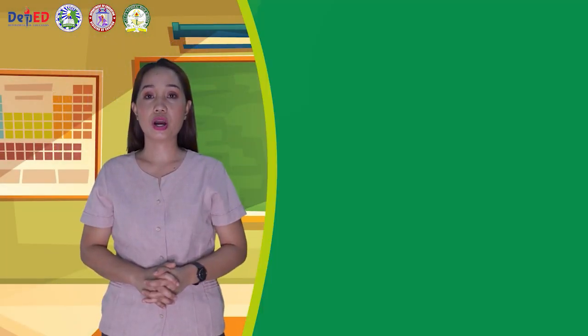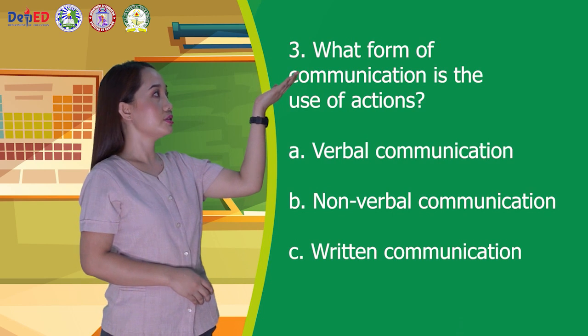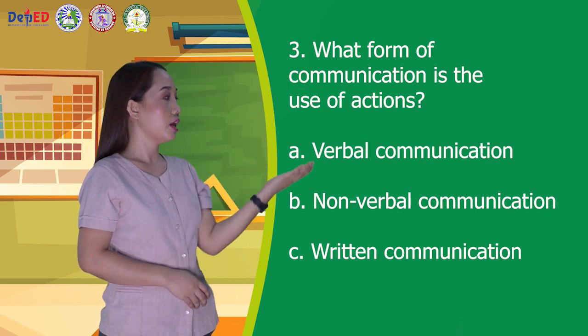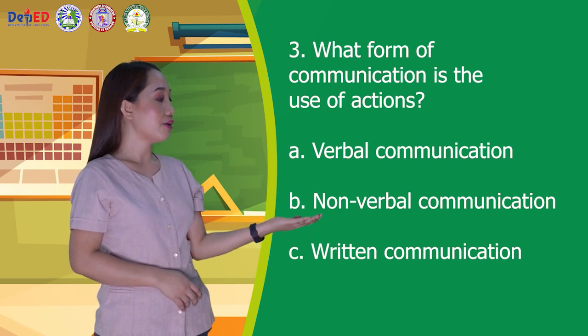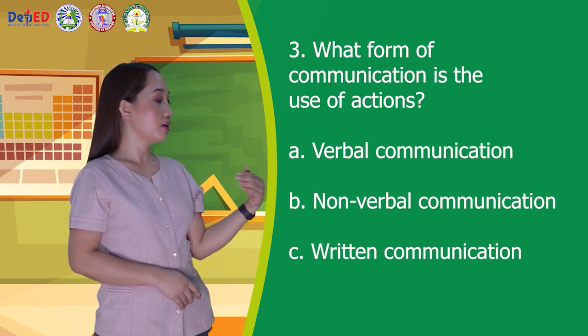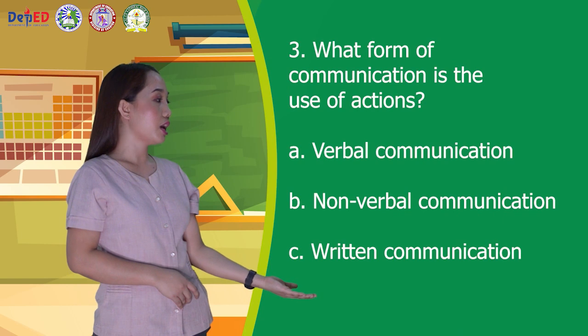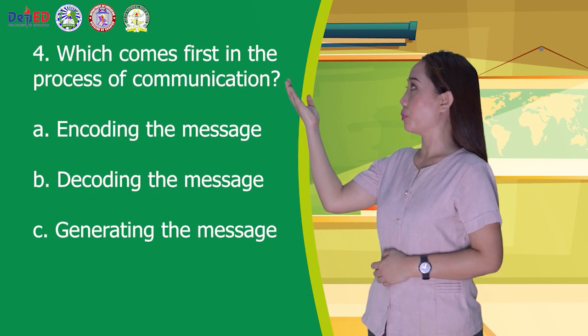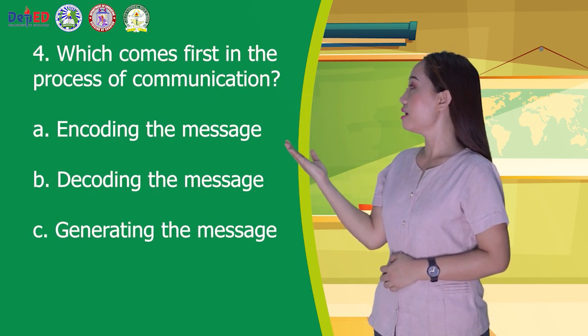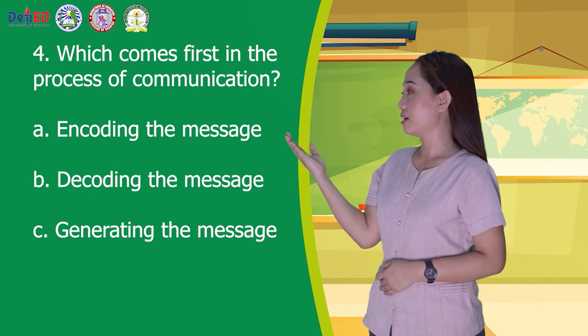Question number 3. What form of communication is the use of actions? A. Verbal communication. B. Non-verbal communication. C. Written communication. Question number 4. Which comes first in the process of communication? A. Encoding the message.